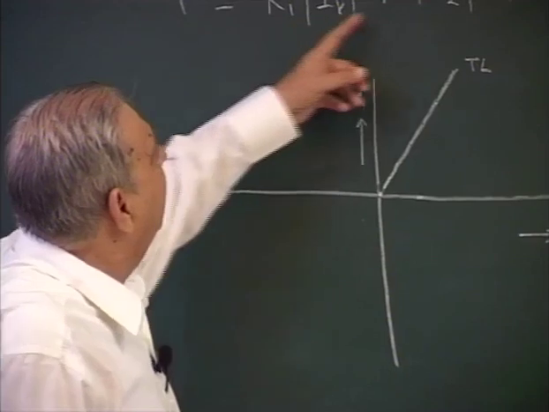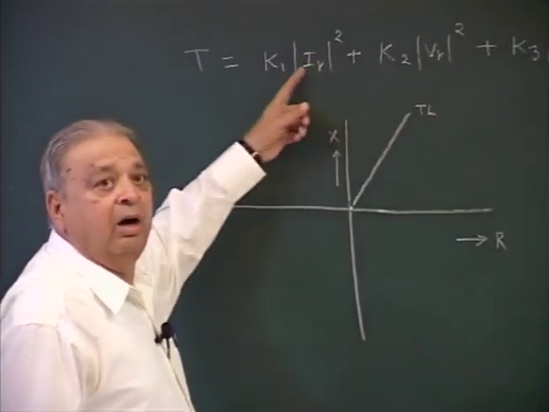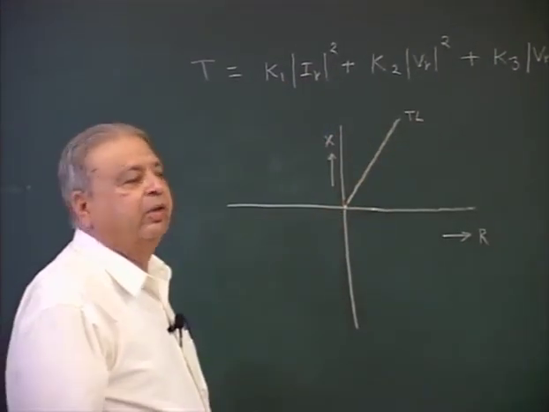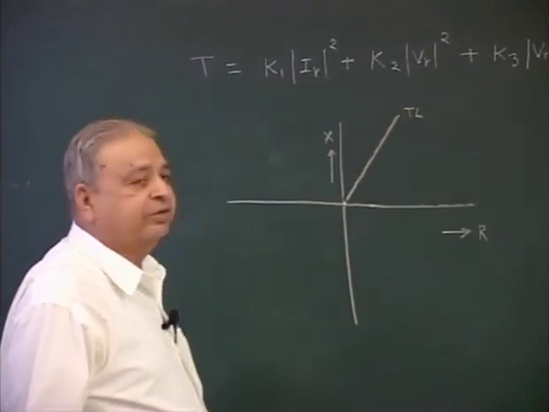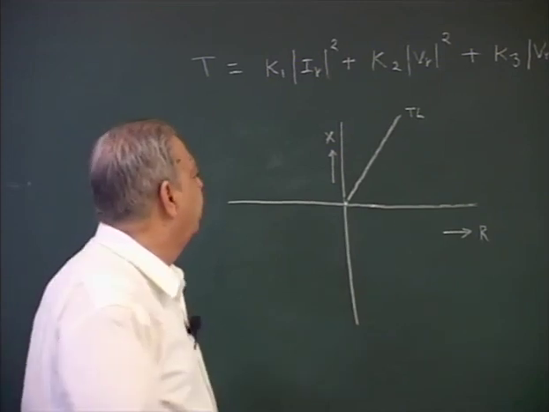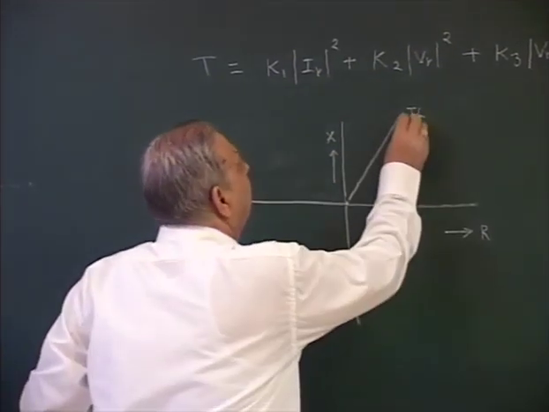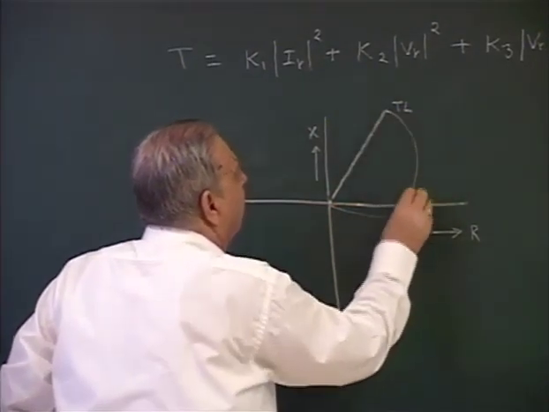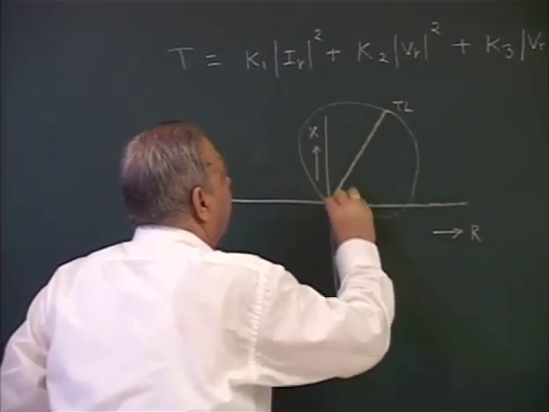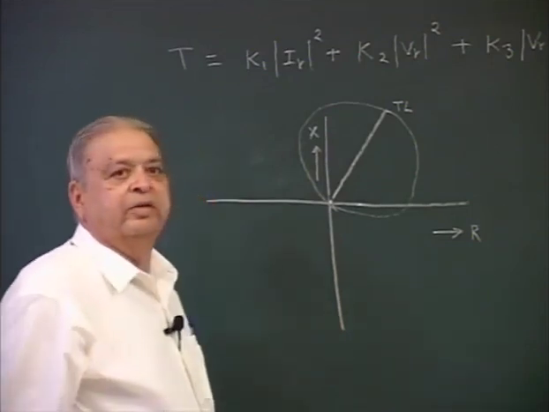This is the characteristic of a circle. So, we can properly choose the values of K1, K2, K3, K4, etc. so that this makes a circle like this.